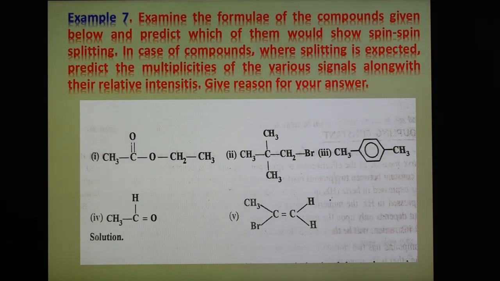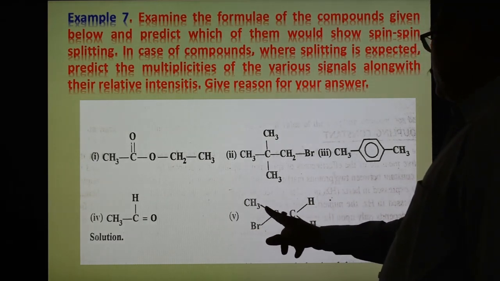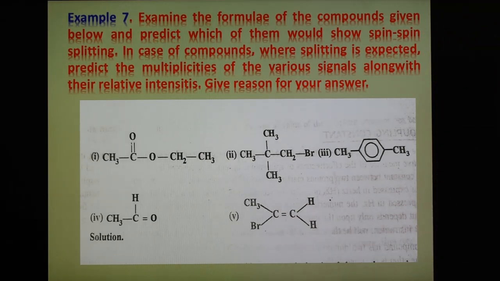And in the case of the last compound, number 5, the spectrum of this compound shows 3 types of signal. The signal due to the 3 methyl protons does not split since there is no proton present on the adjacent atom, and appears as a singlet. So here methyl gives only a singlet, and the 2 vinylic protons present on the same carbon are magnetically non-equivalent, hence they split each other as a doublet.